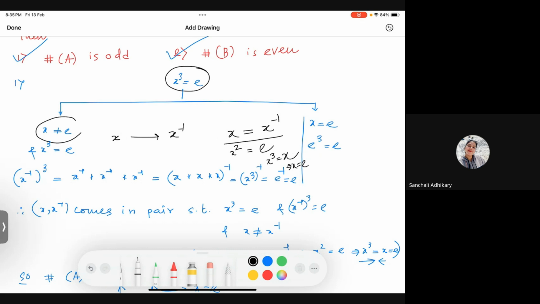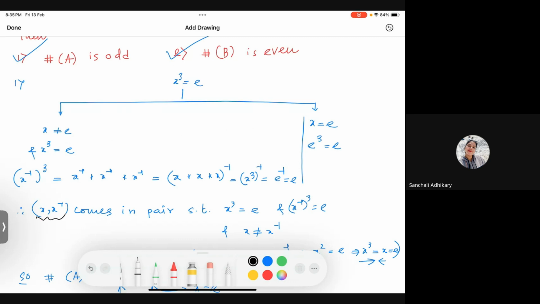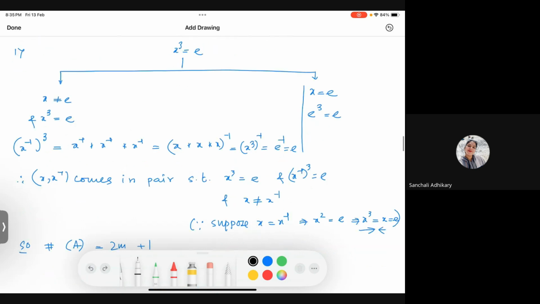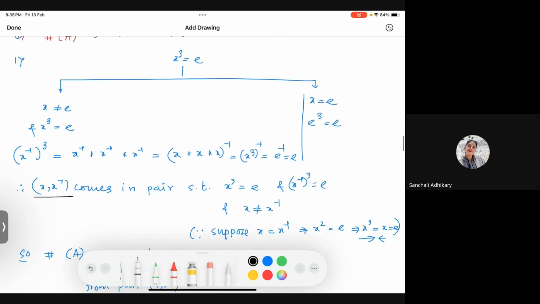But in this case, I chose x is not equal to identity. So x is not equal to x inverse. So I have a pair x, x inverse. So how many elements are there where x is not equal to identity?